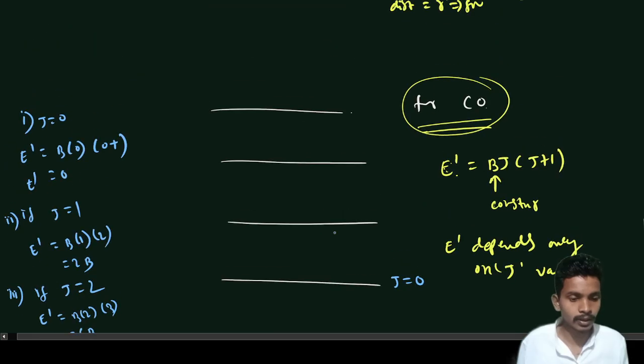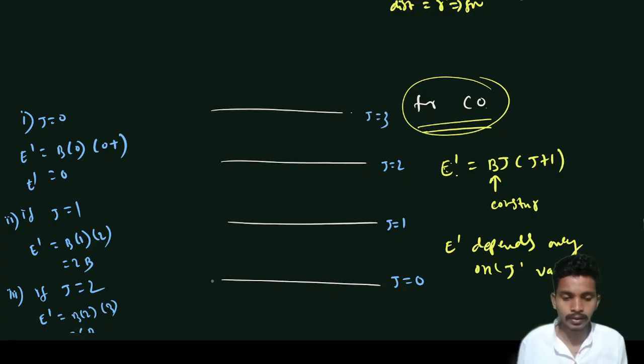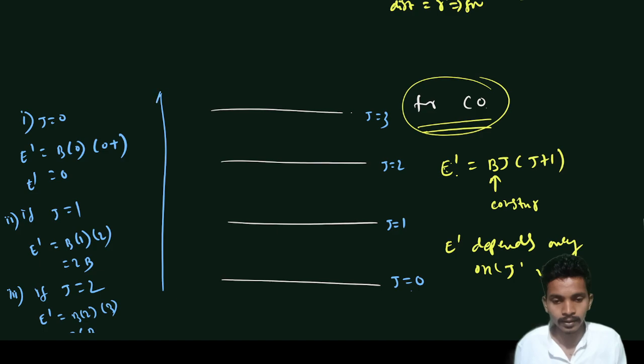Okay, so here J equal to 0, J equal to 1, J equal to 2, J equal to 3. So when J equal to 0, E dash, or energy, is going to become how much? 0, and this is going to become how much? 2B, and this is 6B, and this is 12B.